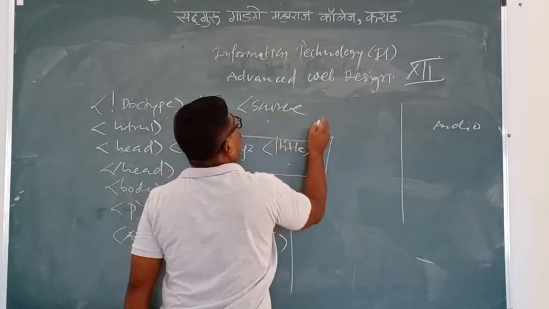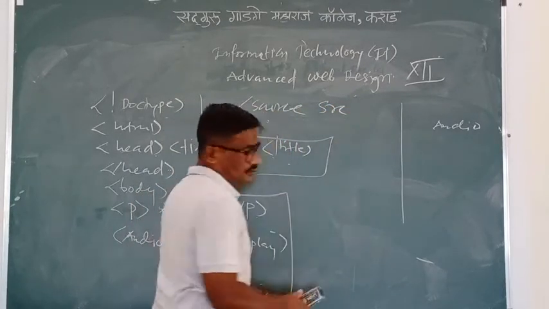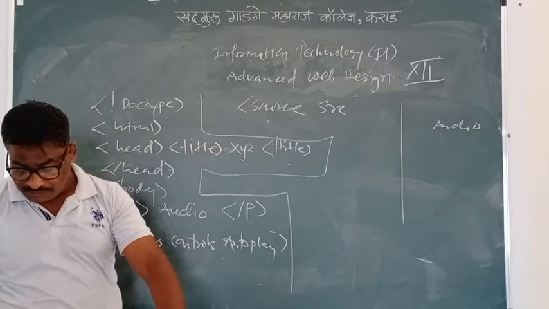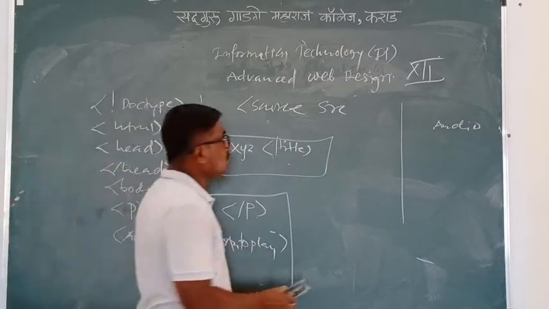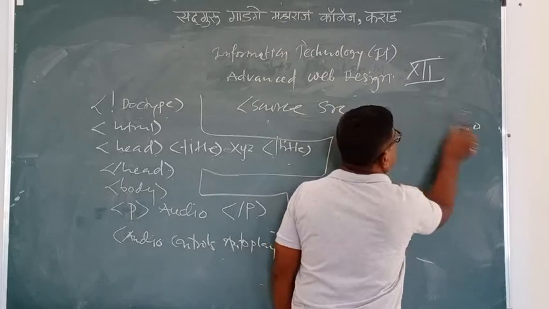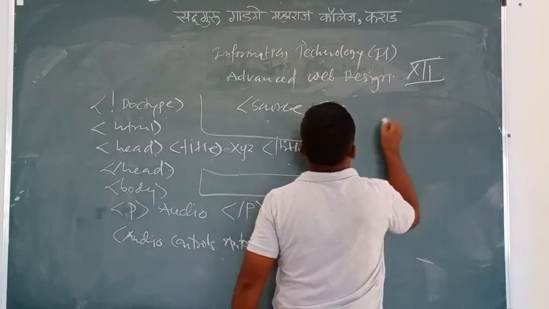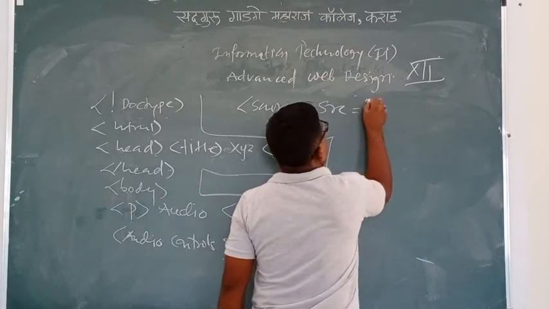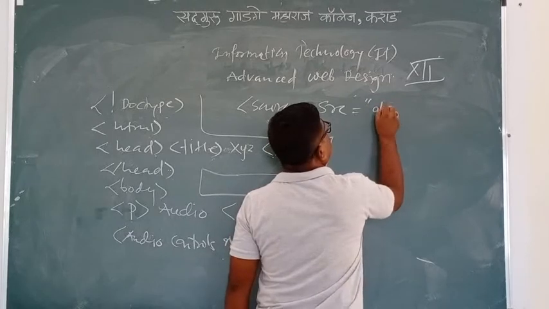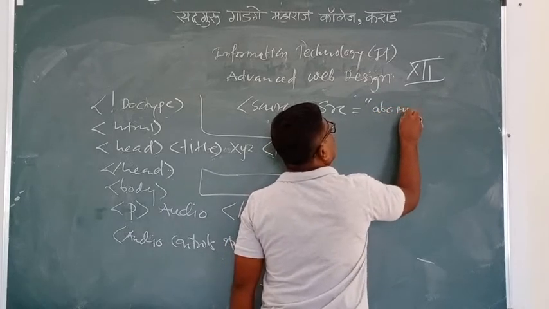An attribute of the source tag is src equal to abc.mp3.